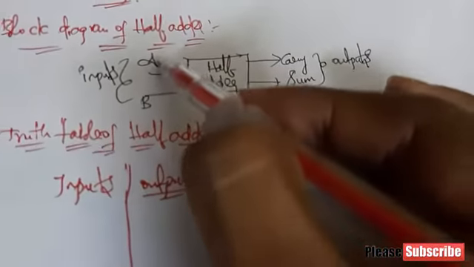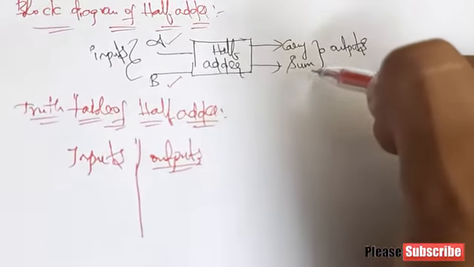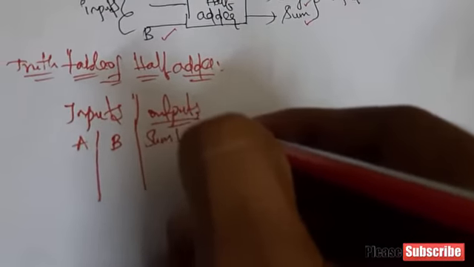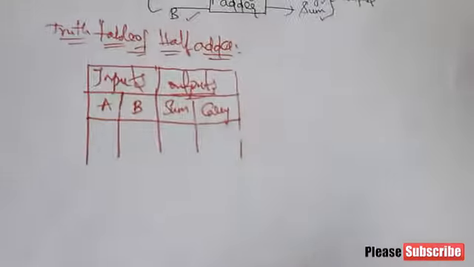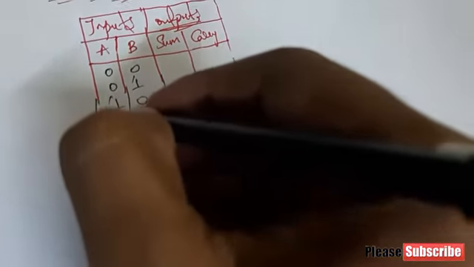Inputs will be A, B. Outputs will be the sum as well as carry. If you take the two inputs, you will get the 4 output combinations. That will be 0 0, 0 1, 1 0 and 1 1.